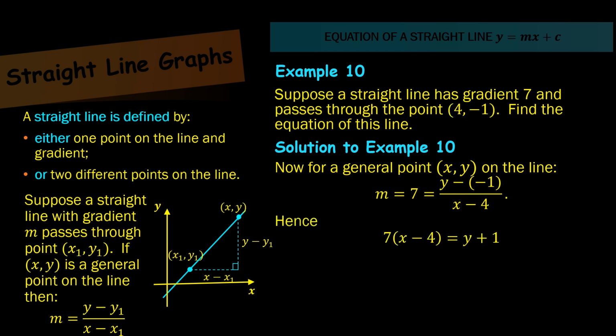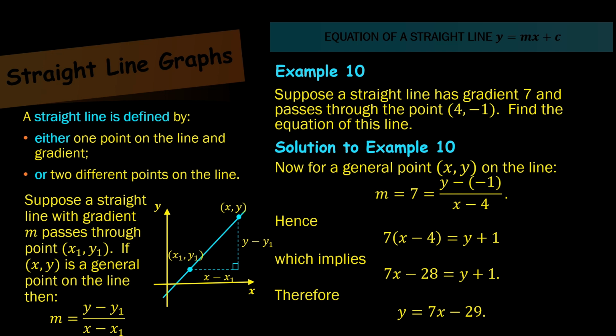Multiplying out by x minus 4 gives 7 times (x minus 4) equals y plus 1. And then expanding the brackets gives 7x minus 28 equals y plus 1. And finally, rearranging and tidying up gives y equals 7x minus 29.